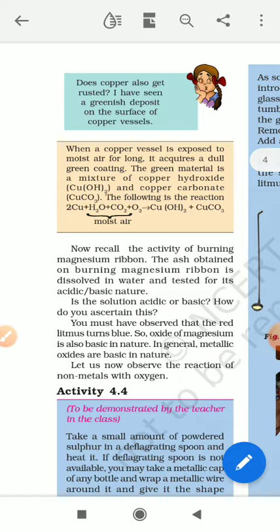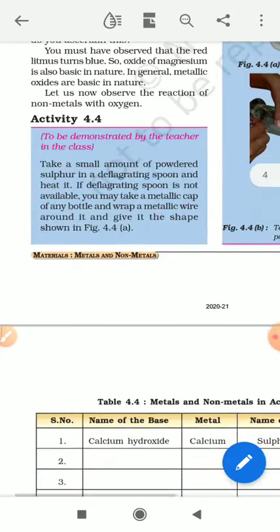Clear? Anything can burn in the presence of oxygen only. Oxygen is an essential factor in the burning process. When magnesium burns in the presence of oxygen, it produces magnesium oxide. The ash formed is basically magnesium oxide. So this experiment also we have discussed.